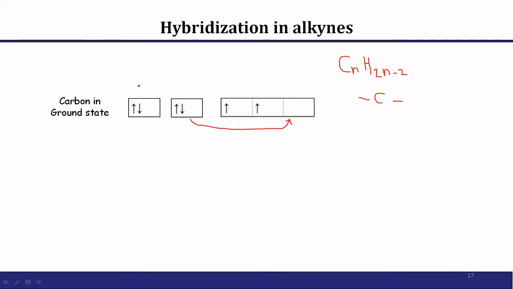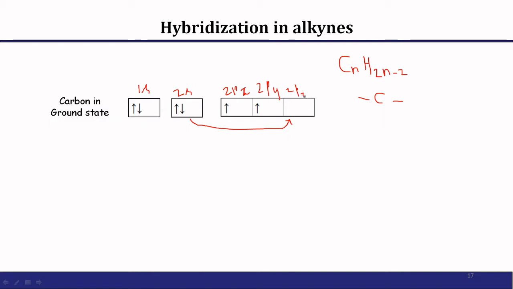So one of the electrons in the 2s orbital is excited to the 2p orbital.